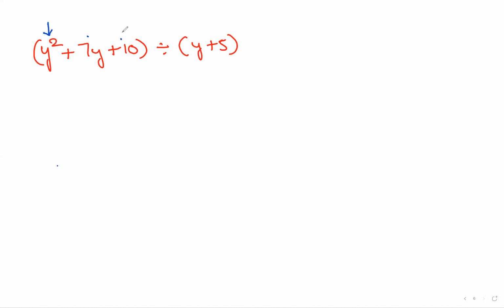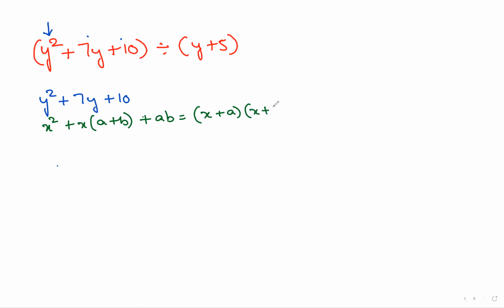Let me take only the numerator separately: y² + 7y + 10. What is the fourth identity? x² + (a + b)x + ab = (x + a)(x + b). Is it right? Now when I equate, what is x? It is y. What is ab? ab is equal to 10.